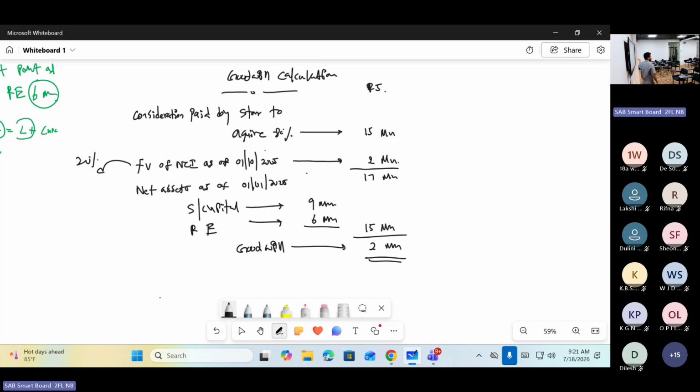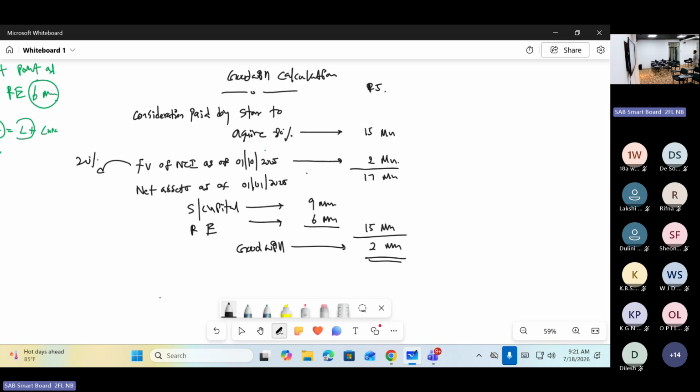What's the asset base in the company? 15 million. 15 million were assets, they are giving 17 million. 17 million. Right? The 2 million is what? 2 million is the excess we have paid by Star and by NCI.